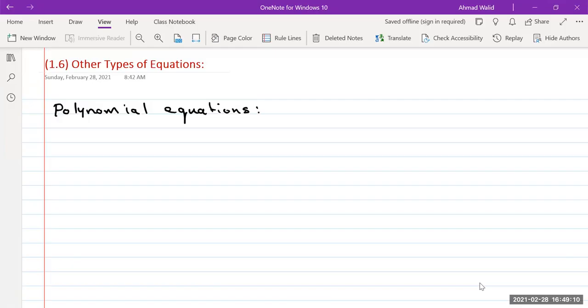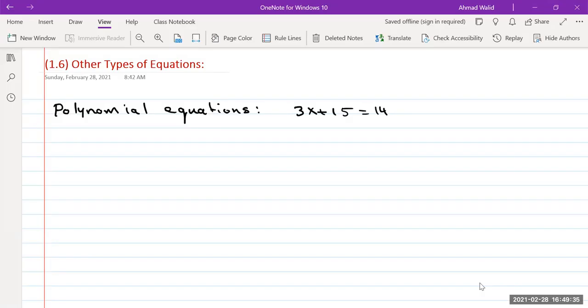There are different types of polynomial equations, and at least 2 types of them we already know by their special names. For example, if I write 3x plus 5 equals 14, you would definitely say it's a linear equation.